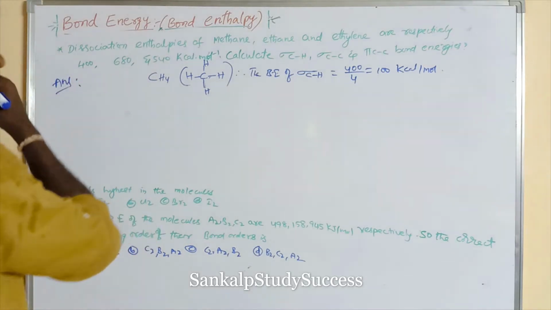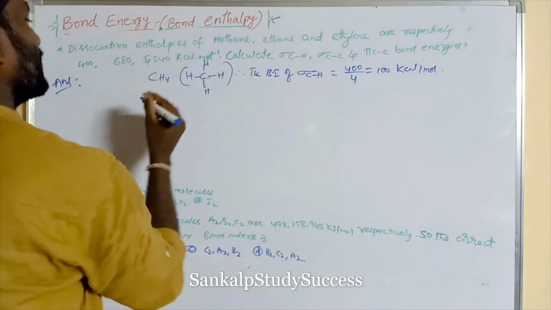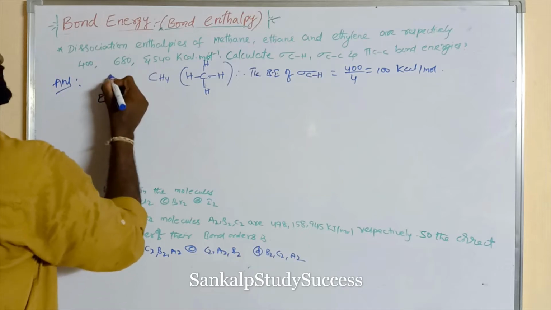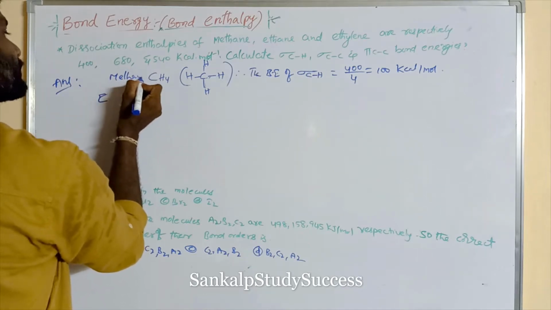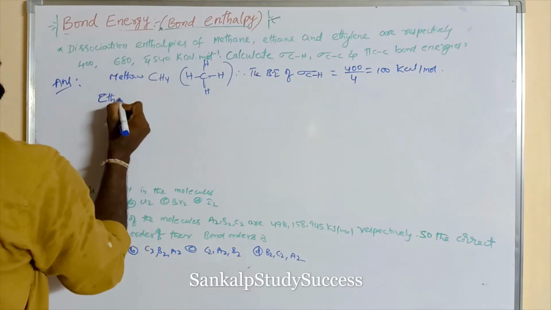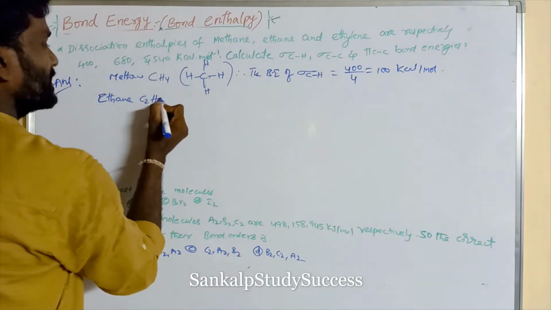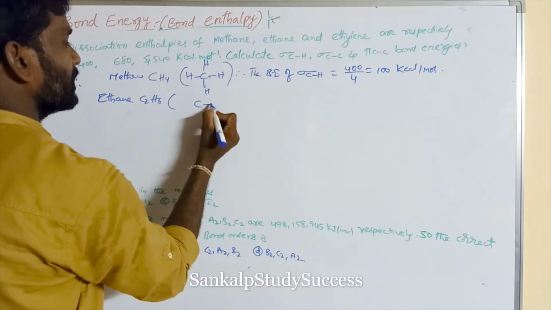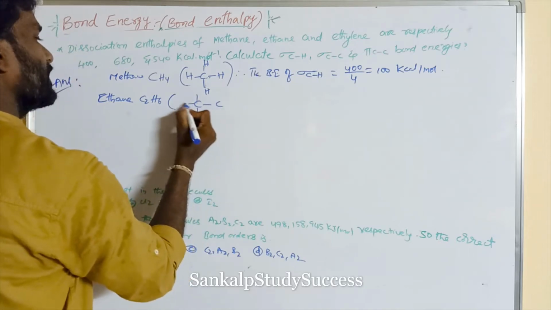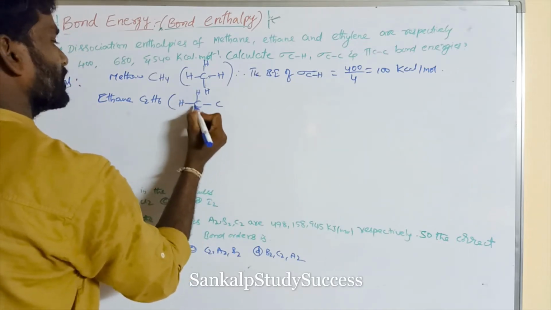Now next goes to ethane. This is methane. Now ethane, what is its formula? C2H6, that means it contains one C-C and 6 C-H bonds.